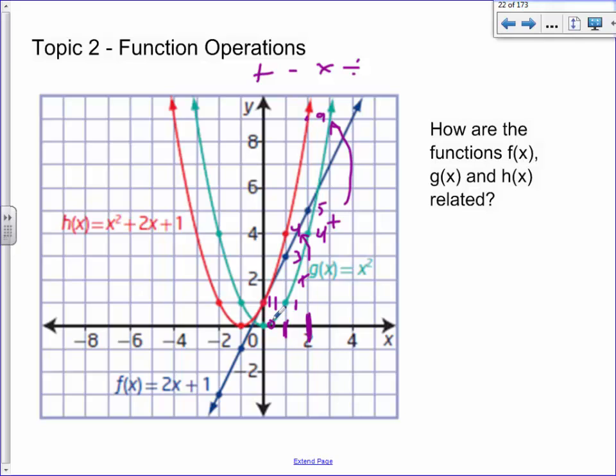Does that make sense? Well, let's keep looking at points and see whether this logic holds. So what are the points that we have for the input values here? We have a -1, we have a 0, and we have a 1. Now this is kind of tricky because we have to make sure we add the right 2 graphs together. I said the red graph is what happens when you add the other 2 graphs.